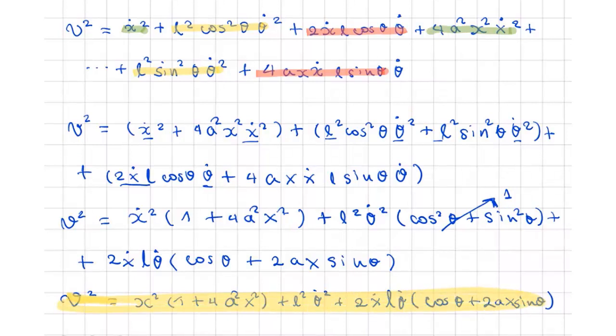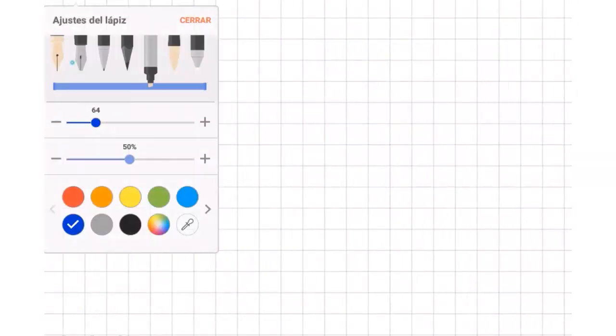So guys, we have to be prepared because this video is going to be a little bit long, because this is a long problem, a long solution. All right, well, now that we have this, we can write the kinetic energy down like this.